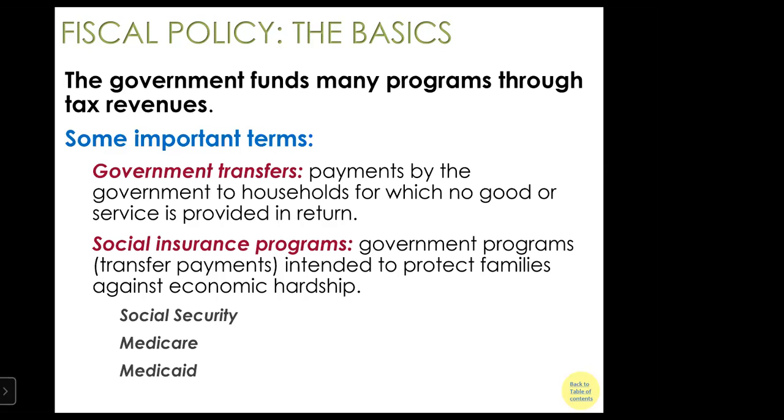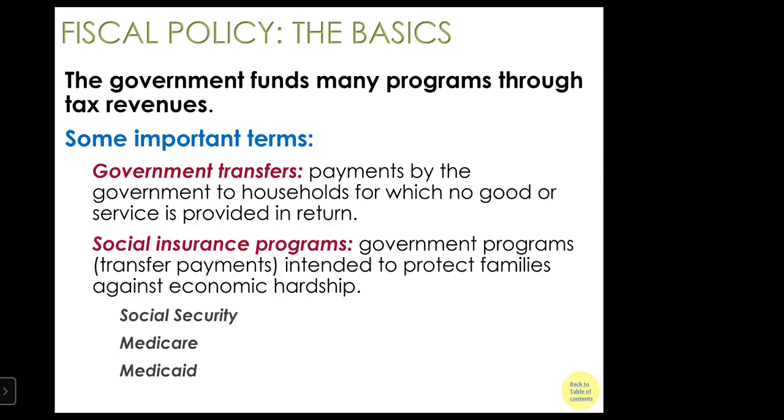The other important term is called social insurance program. This is a government program intended to protect families against economic hardship. A government insurance program is essentially a type of government transfer.